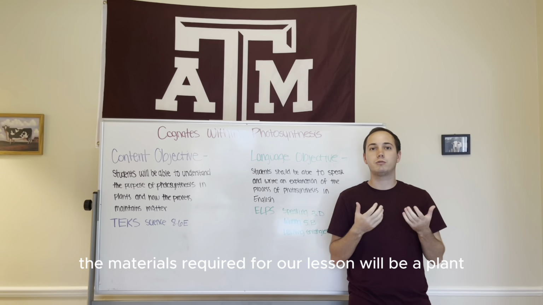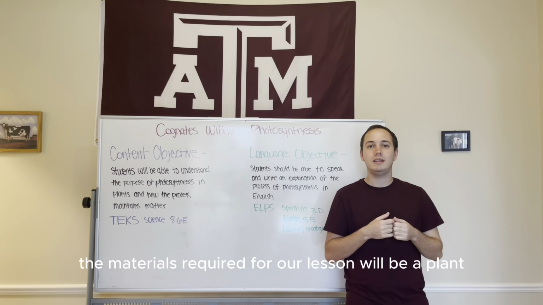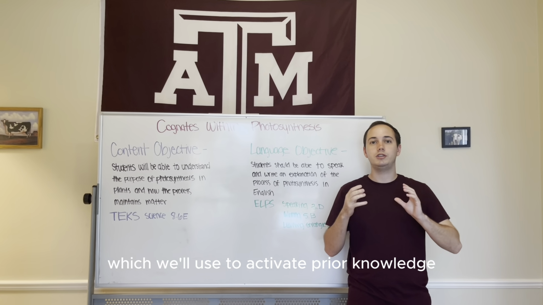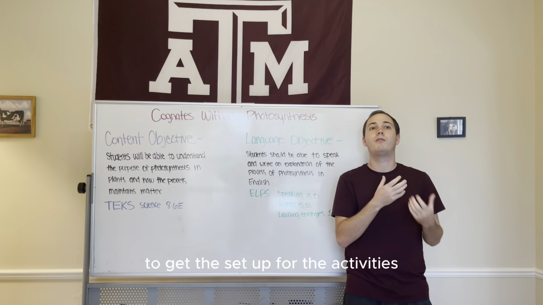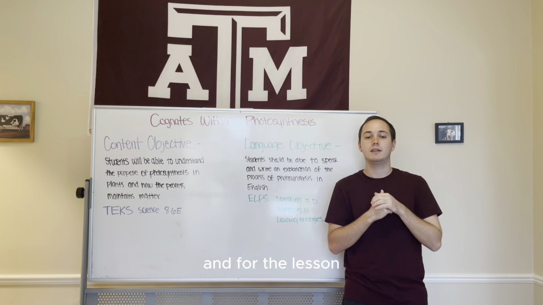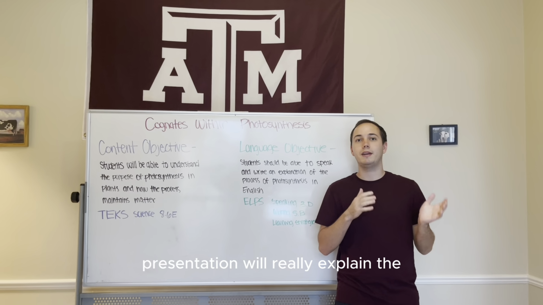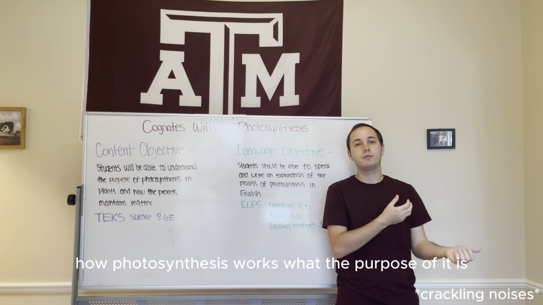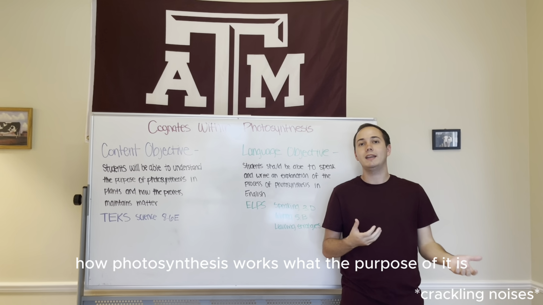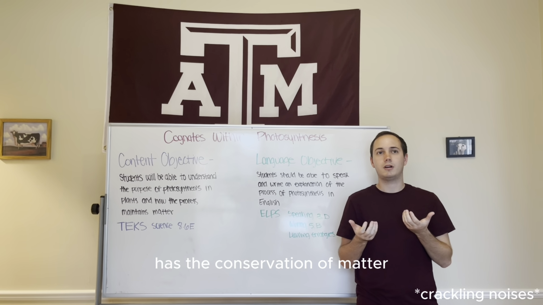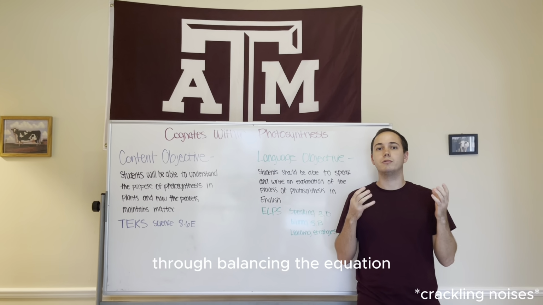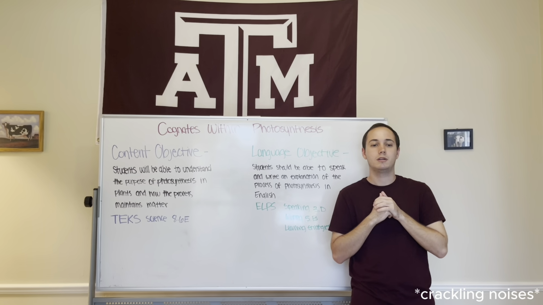And so the materials required for our lesson will be a plant, which we'll use to activate prior knowledge to get them set up for the activities and for the lesson. A presentation where we'll explain how photosynthesis works, what the purpose of it is, and how it has the conservation of matter through balancing the equation.